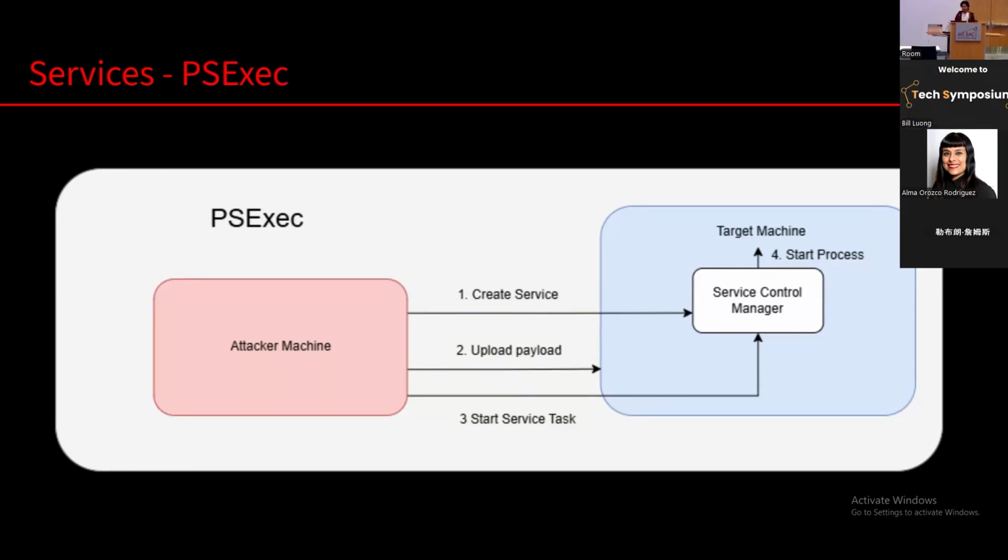The service could point to an executable that doesn't exist. It doesn't matter until the service tries to get started. Afterwards, the attacker tells the Service Control Manager to start the service that they created, which is pointing to the malicious executable, and the Service Control Manager runs the executable. And wow, now the malware is deployed, the command and control is established, and from there, an attacker could do all the typical post-exploitation they would do.